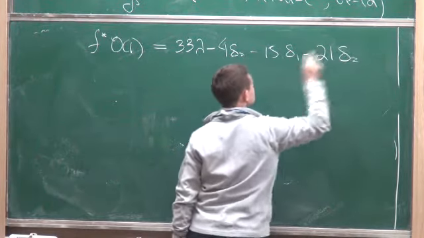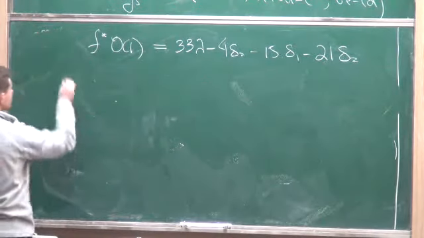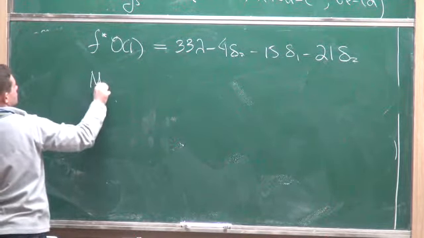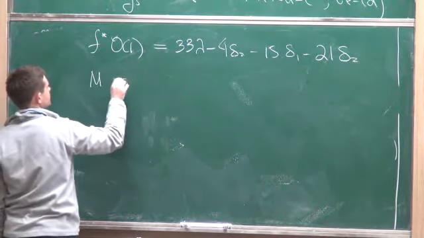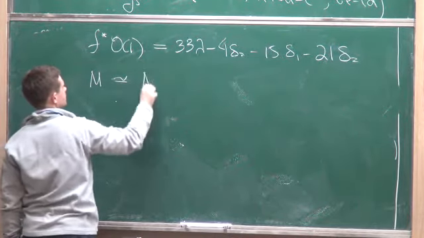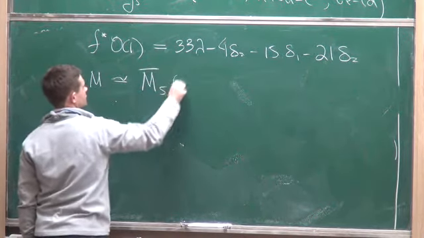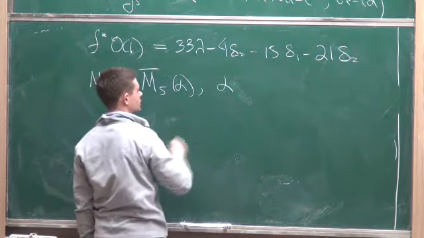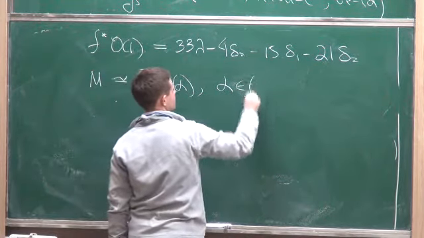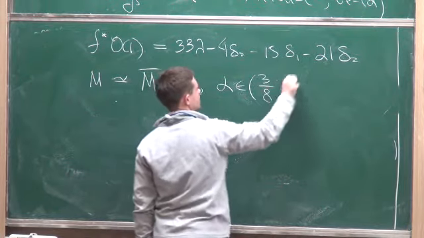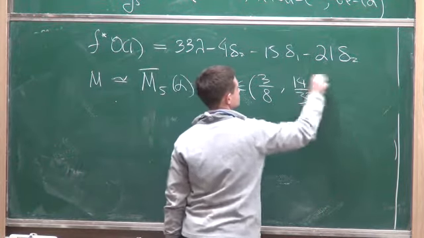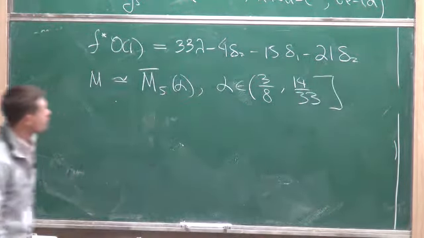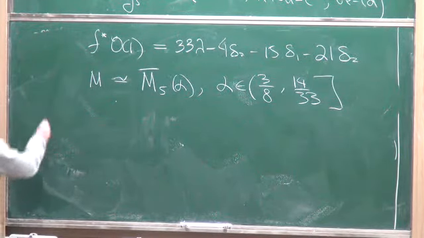And from this, we can conclude that M is precisely M5 bar of alpha, where I use the notation from yesterday, where alpha is any number from 3/8 to 14/33.